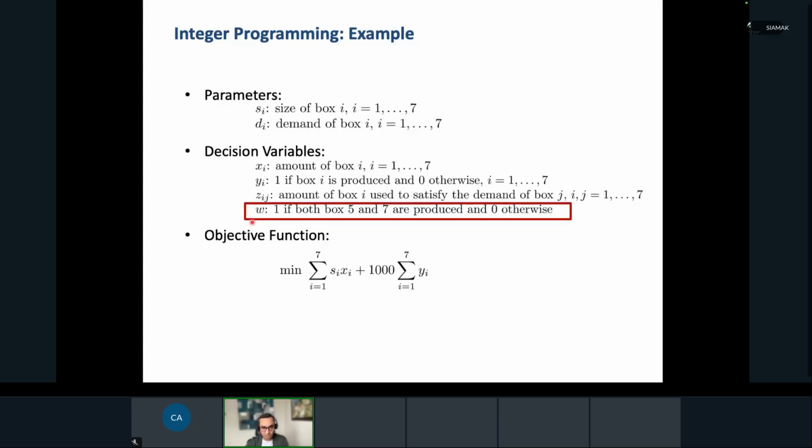So when W is equal to 1, then a cost of 500 should be deducted from this total cost. Does it make sense? 1,000 multiplied by y1 plus 1,000 multiplied by y2, y3, 4, 5, 6, 7. When y5 and y7 are equal to 1, 1,000 plus 1,000 will be added.